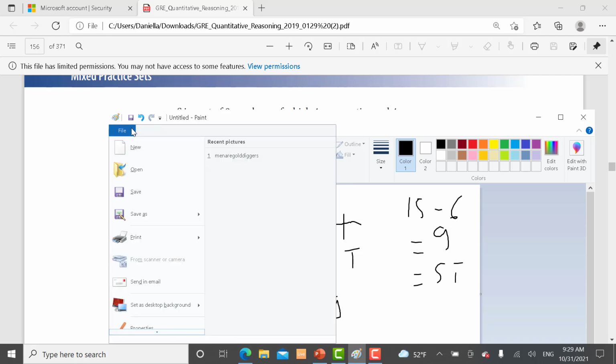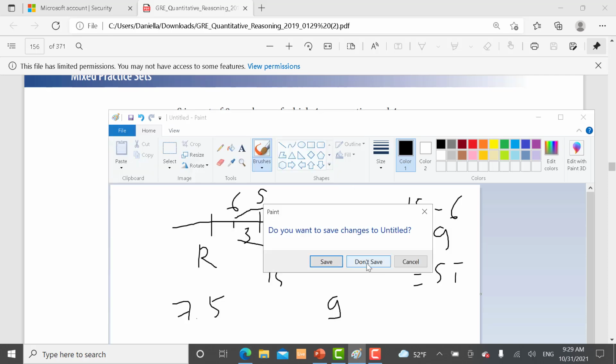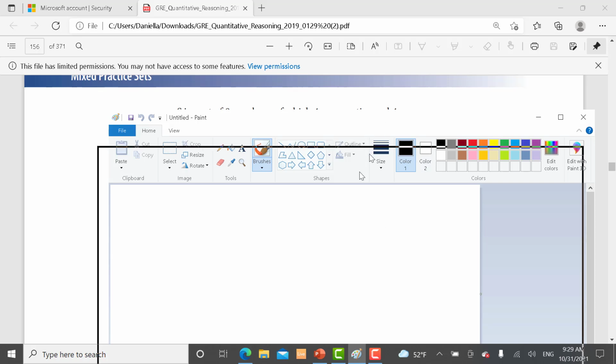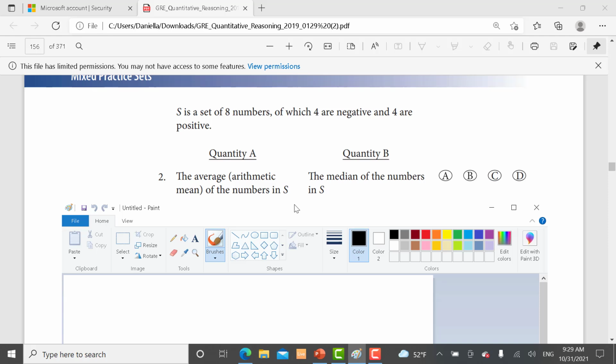Probably I just have to open a new page. Don't save. Alright. So the question asks for the average and the median of the numbers in S.